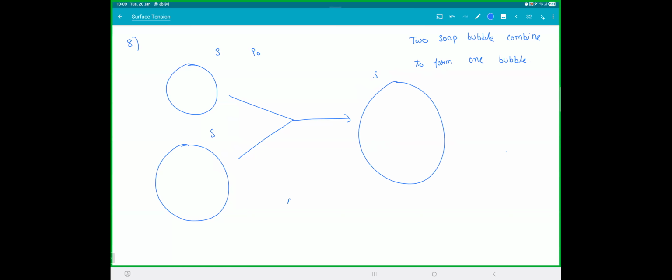It is given that delta A is the total change in surface area, and delta V is the change in volume.